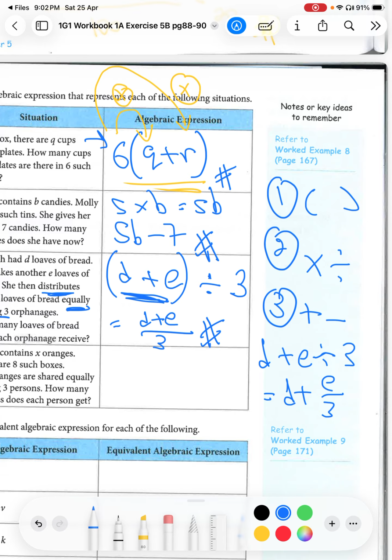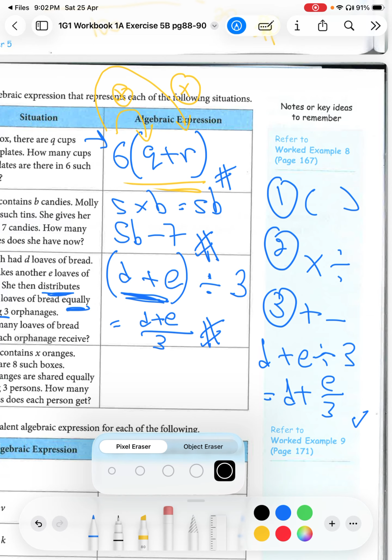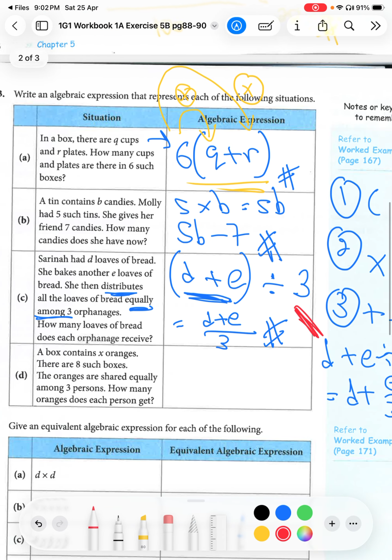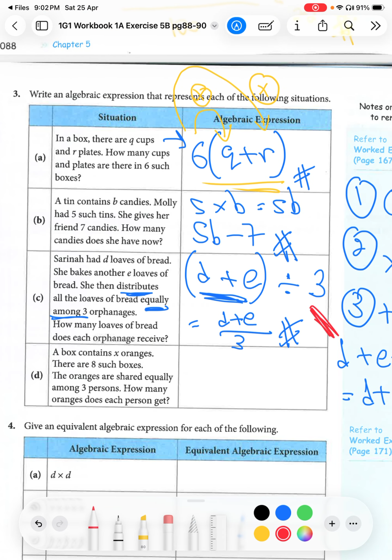Then this will be incorrect, because it's not the same meaning as the question is asking. Just take note of the difference between these two without the bracket. So you need to add the bracket because the total is D plus E.